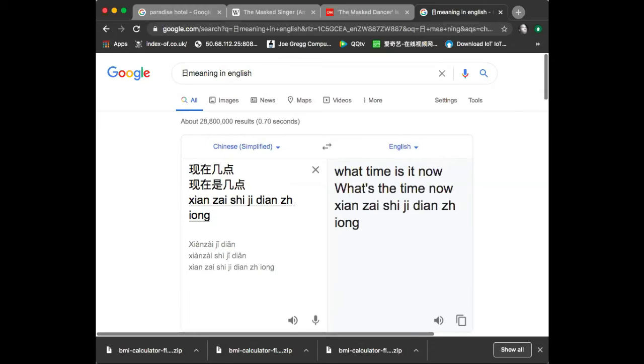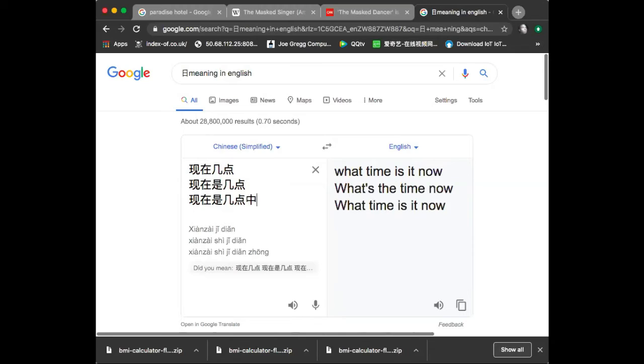Okay, so if you want to use pinyin, you can look at the bottom part here.